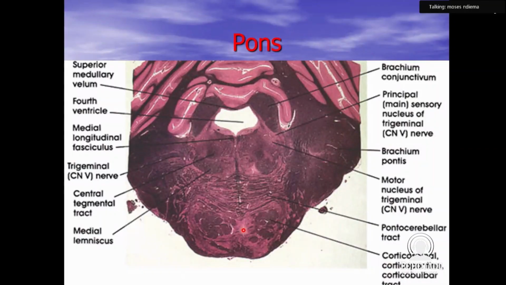And then we have transverse fibers. The transverse fibers, what you see here, running transversely, are fibers originating from the pontine nuclei, forming the peduncles. So these form the middle cerebellar peduncle that continues to the cerebellum.